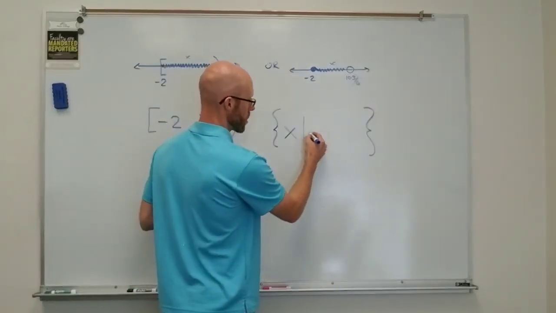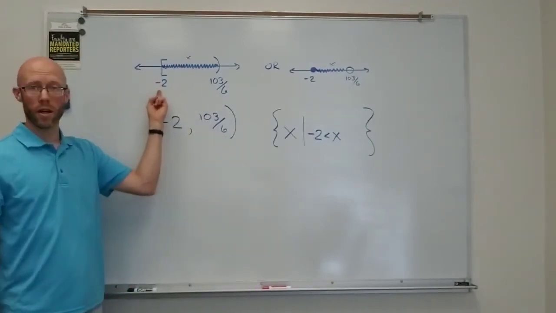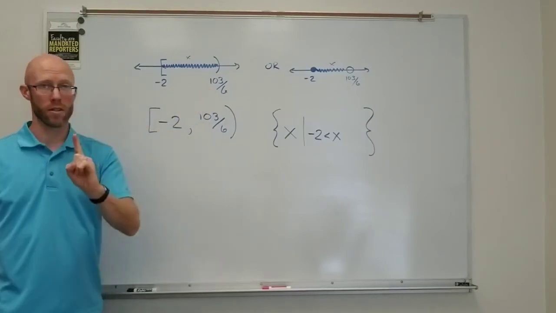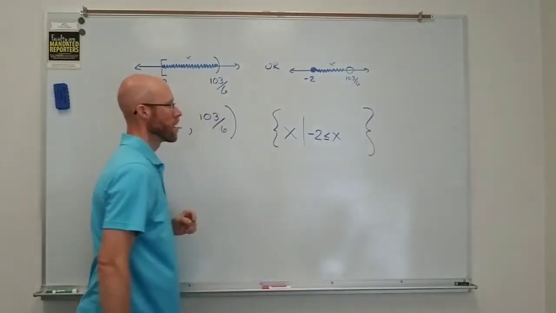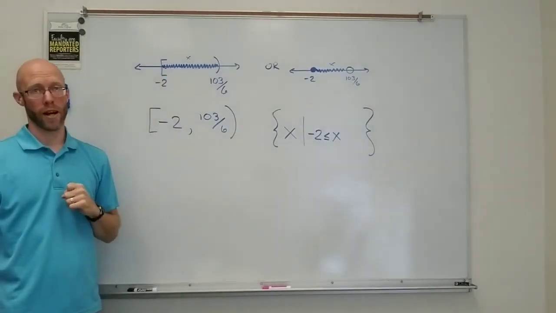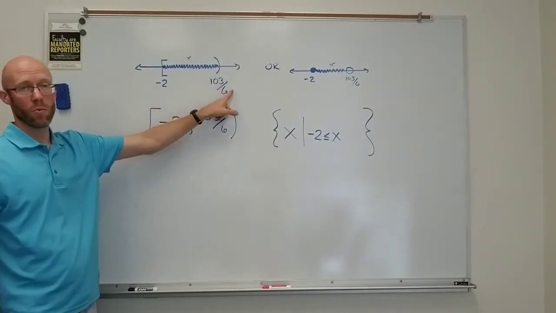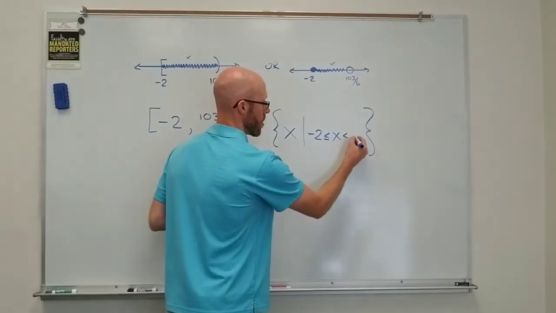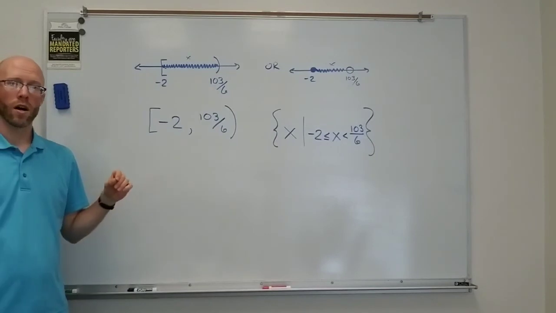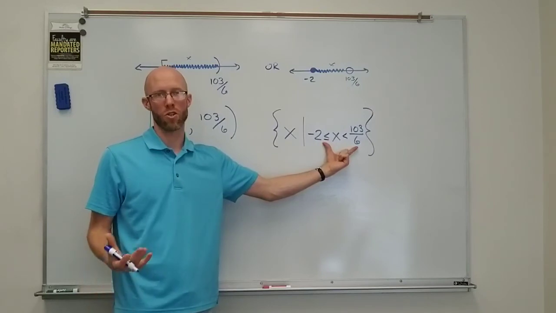Okay, so I'm going to write the inequality -2 is less than X, because X is greater than -2. But, oh, I'm sorry, that's not quite true. I need the equal sign in there, because X could also be equal to -2, because we're including it with a bracket. Now also, X has to be less than 103 over 6. So I use a less than, another inequality, and when I put the two inequalities together, it looks like a two-part inequality.